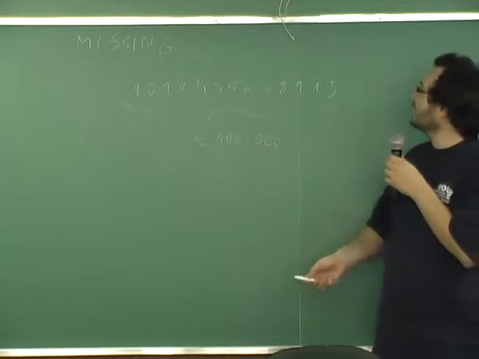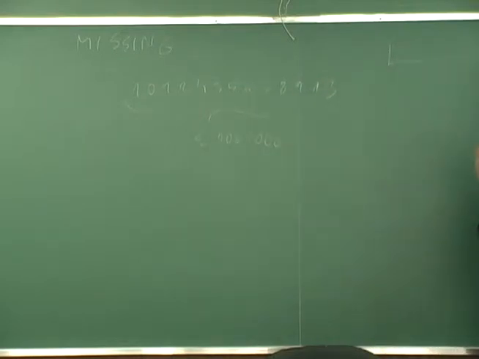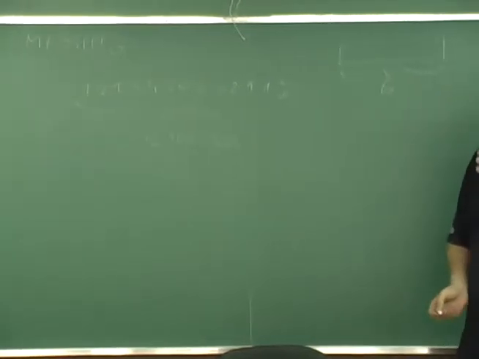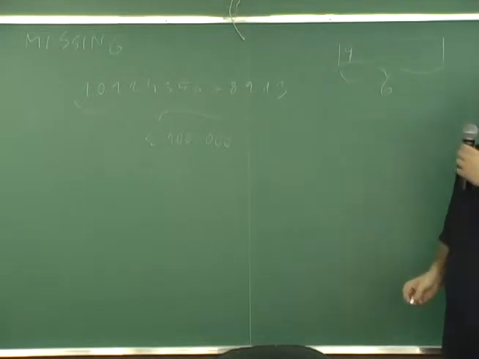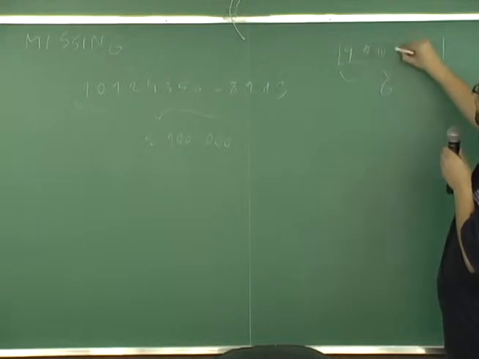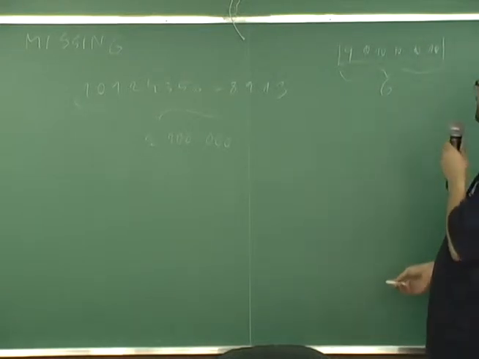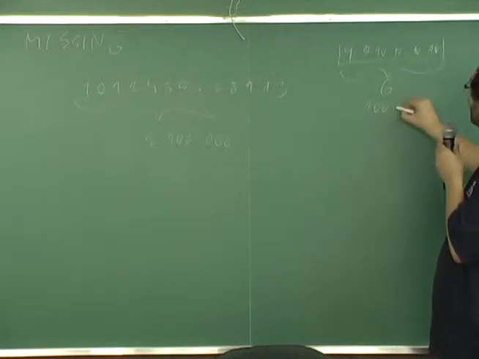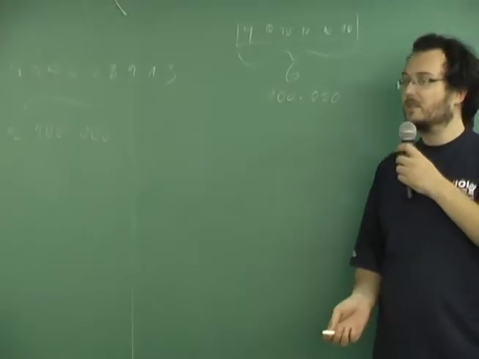Now for some maths. What we have to realize is that, for example, if we consider 6-digit numbers, then there are quite a lot of these. We have 9 possibilities for the leading digit because it cannot be 0, and 10 possibilities for each of the next ones. So this is 900,000 6-digit numbers.